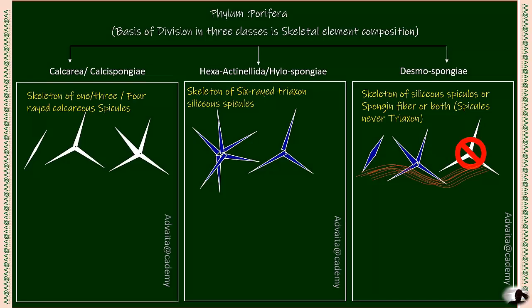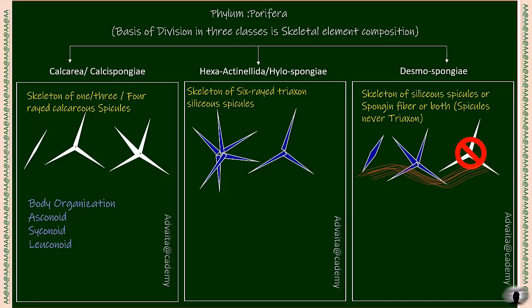Now come to the distribution of the coenocytes. On the basis of distribution of coenocytes, there are different types of canal systems present. When we discussed the general characteristics of Porifera, we discussed the type of body organization on the basis of the canal system.